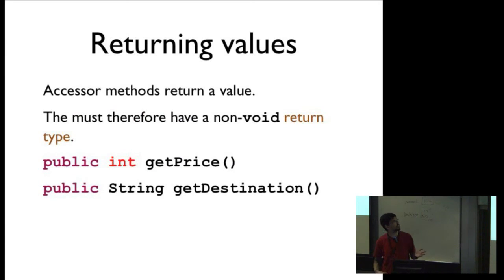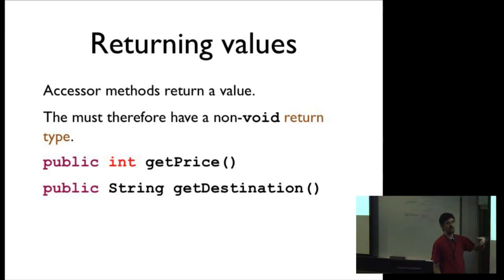An accessor method returns a value. In the syntax of a method, we had this type before the name of the method. That type is the type of value the method is going to return. So if getPrice is an accessor method to tell us the price, it returns an int, because the price is an int. If we had a getDestination method, that might return a string, because the destination is a string.